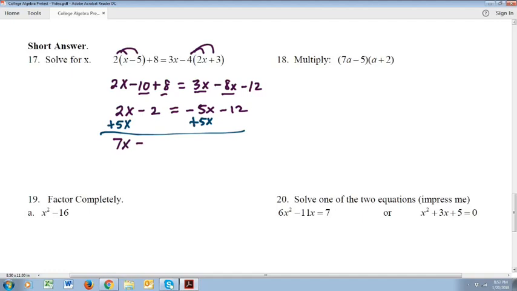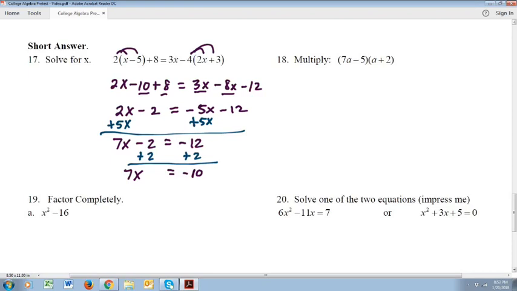We get 7x minus 2 equals negative 12. This is what I call a two-step equation. It's going to take 2 steps to get x by itself. So the first thing we would want to do here is add 2 to both sides. We're going to get 7x is equal to negative 10.